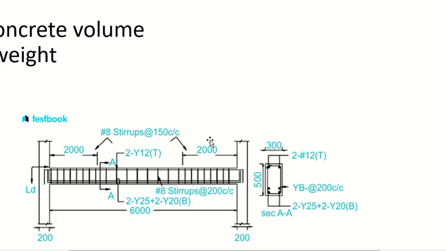The column. Okay. You can see the 6,000 is from column face to column face. Clear? The full beam is actually from here.